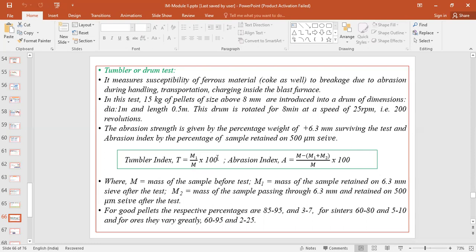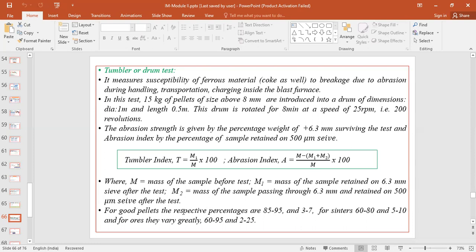And m2 is the mass of the sample passing 6.3 mm and retained on the 500 micron sieve after the test. So this is the formula which we need to use for the abrasion index.